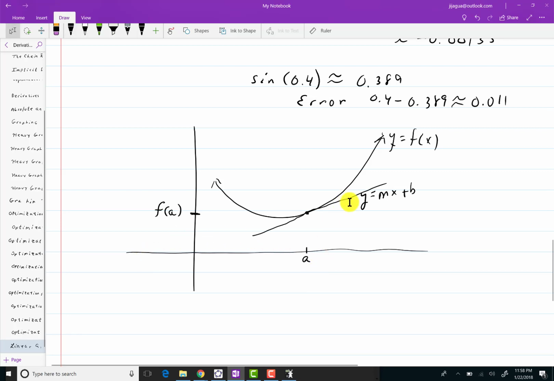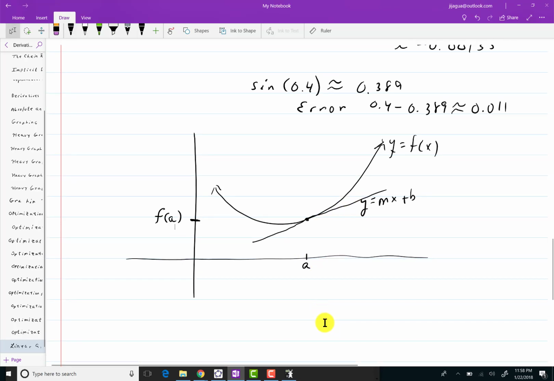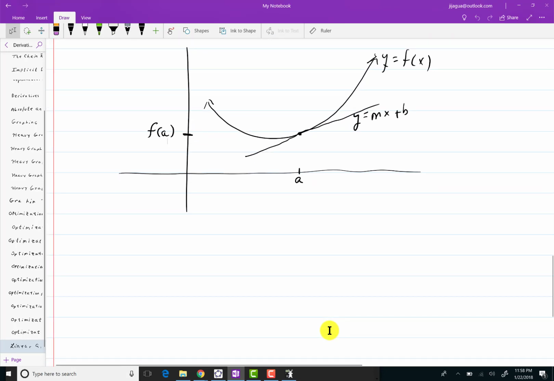All right. So to get this equation, the y equals mx plus b, you do y minus y0 equals m times x minus x0. Okay, so let x0 be the a that I'm talking about. Then y0 will be f of a. Y is going to go by f of x.